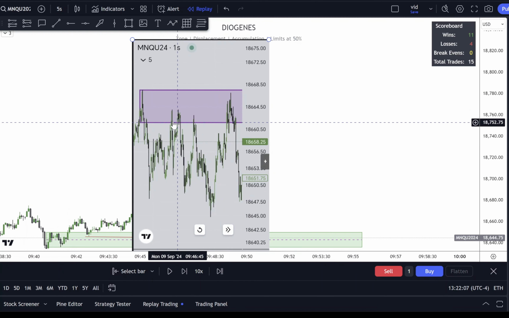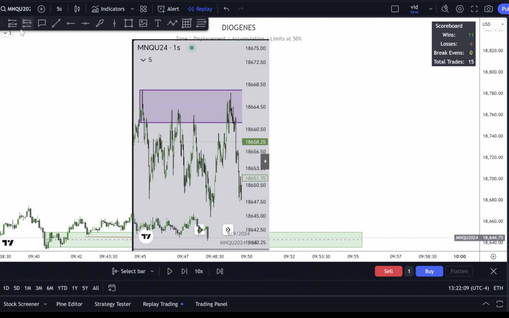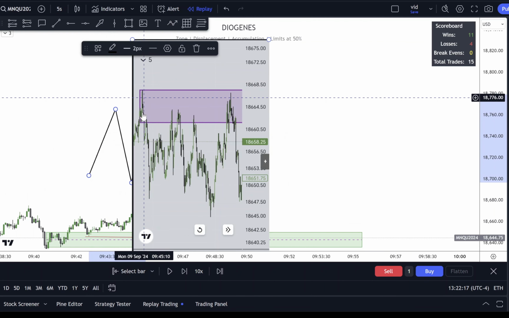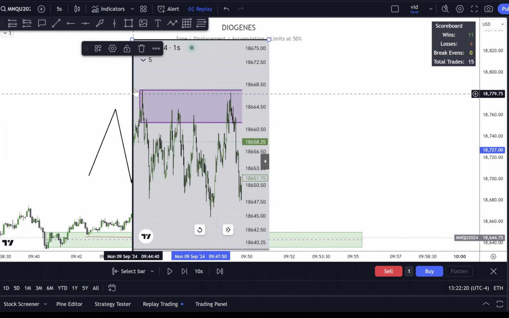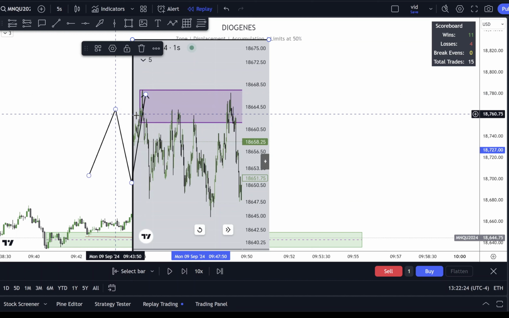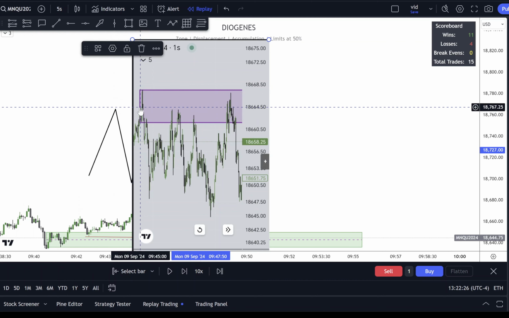So here is how it looked on the 1 second chart. Price created a zone here. It looked something like that. So this was a zone, right? And this was the last zone that took this high. So this was my glitch.